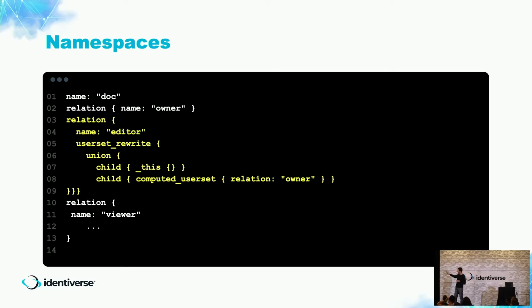And one interesting thing, and this is very complex syntax from my perspective, but this is the syntax that the paper explains, is that to figure out who has a relationship to an object, Zanzibar uses set operations. What are sets? Well, you essentially take the set of users, in this case, that are related to the document as an editor. That's a set of users, a group of users, non-repeatable.